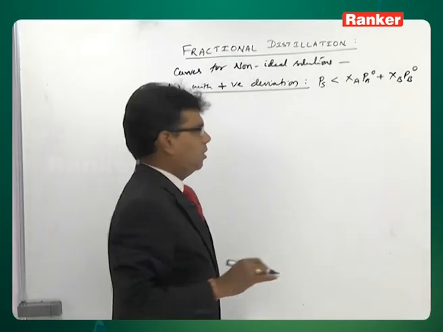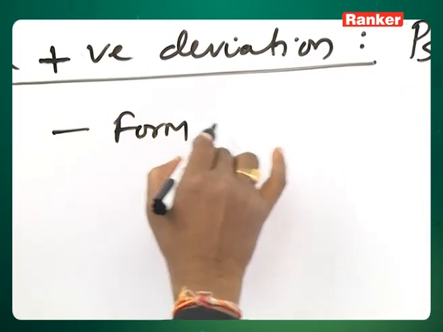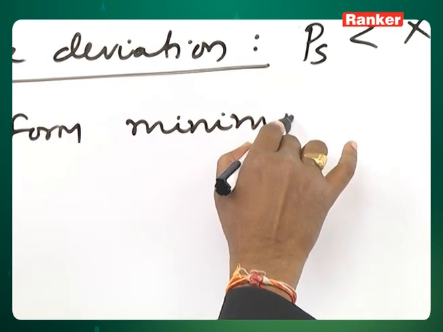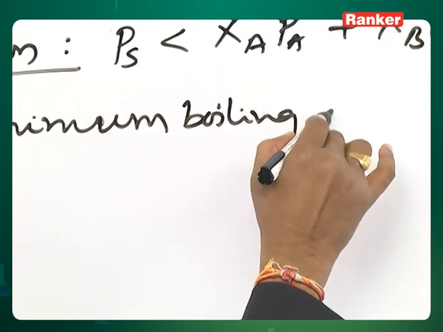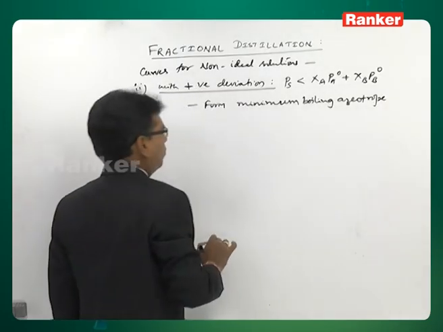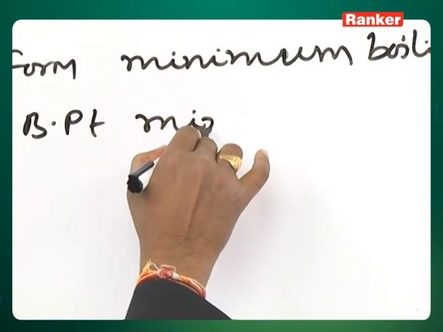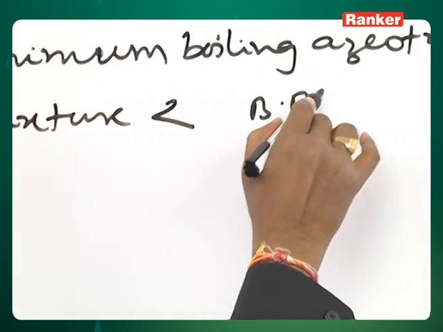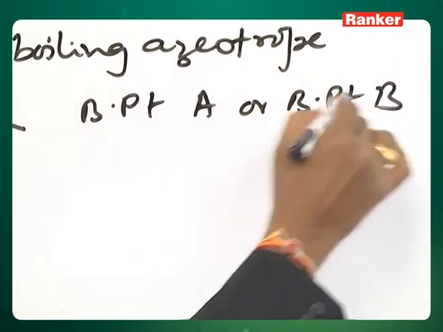Non-ideal solutions with positive deviation will form a minimum boiling azeotrope. Minimum boiling azeotrope means the boiling point of the mixture is less than the boiling point of A or the boiling point of B, right.